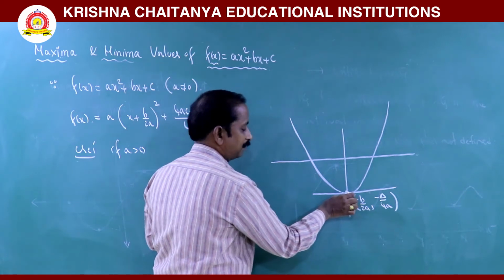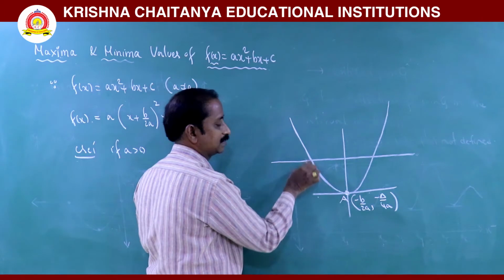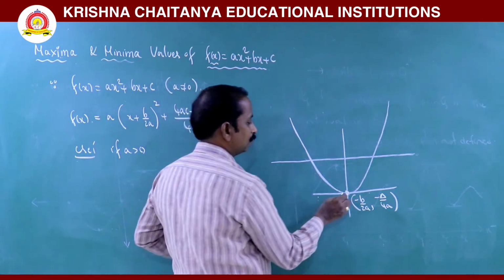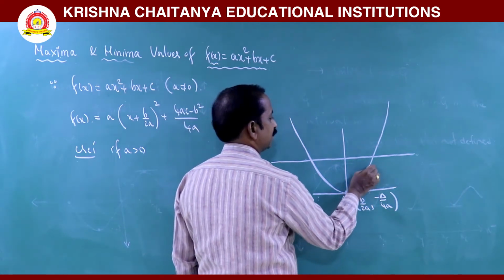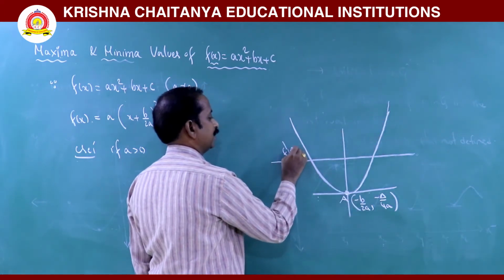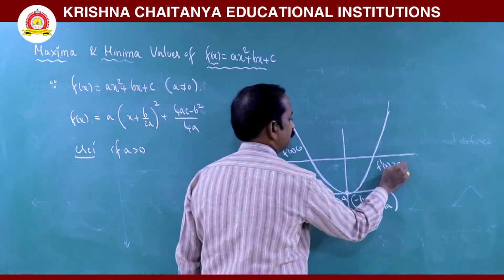Reason: at this point we draw a tangent line. This tangent line is parallel to the x-axis, so slope 0 means f dash of x equal to 0. Now from this onwards, the curve has f dash of x greater than 0. So here f dash of x is negative, then f dash of x is positive.